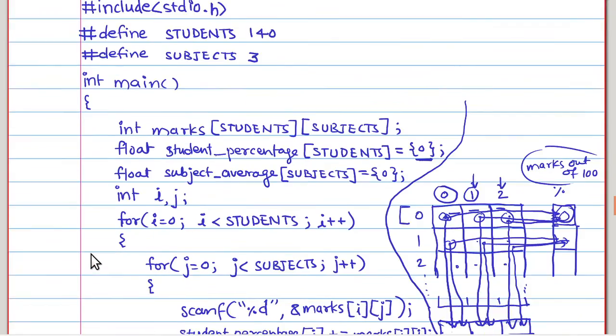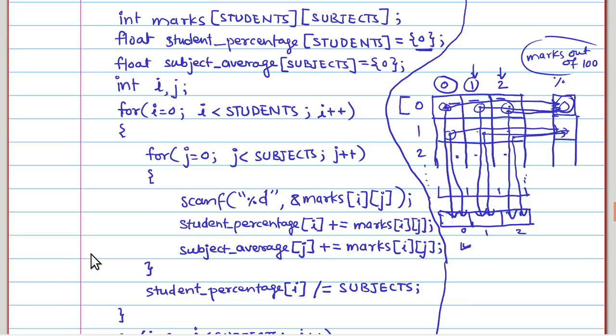If you understand this correctly, then we have a few variables: this for storing marks, this for storing student percentage, this for storing subject average, and the for loop variables.